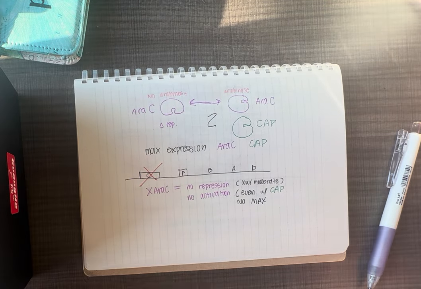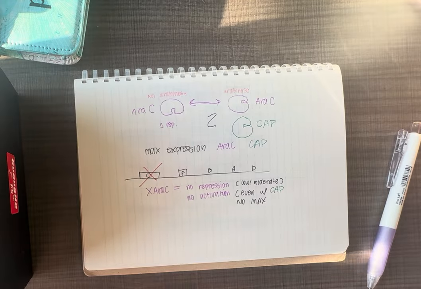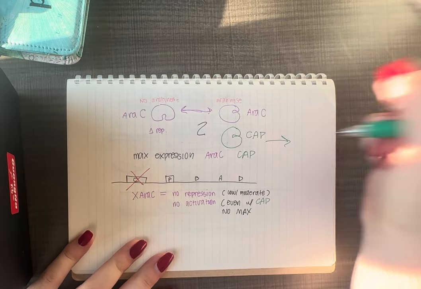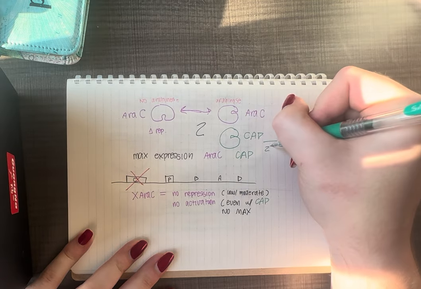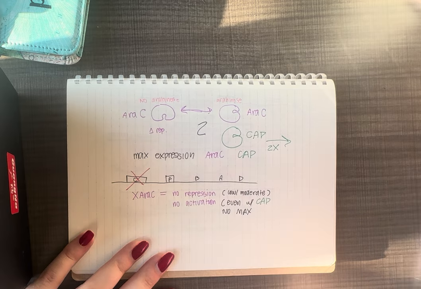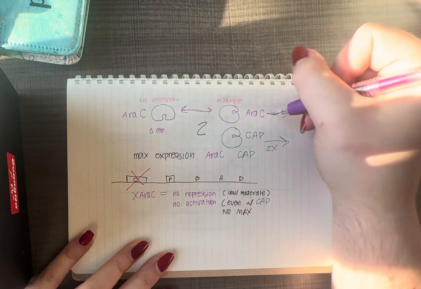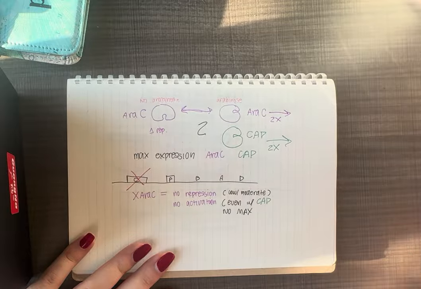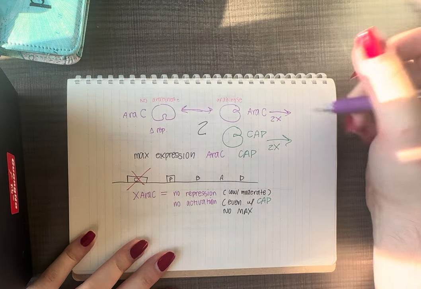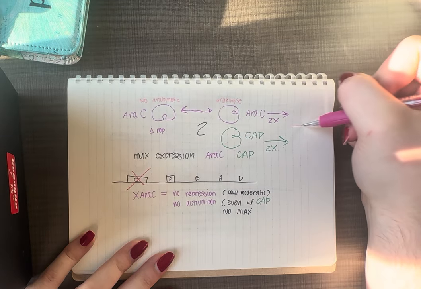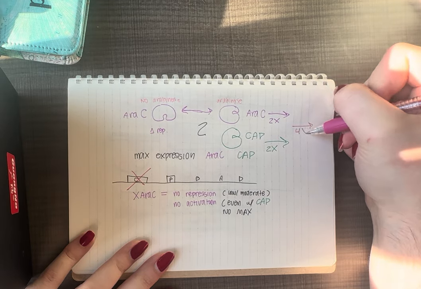And foot on the gas will mean you need all of the activators you can possibly get. So if CAP alone gives you one arrow forward, that's like 2 times speed, and AraC gives you another arrow forward that's also 2 times speed, that means that the maximum amount of expression that you get is 2 times speed times 2 times speed, which is collectively 4 times speed.